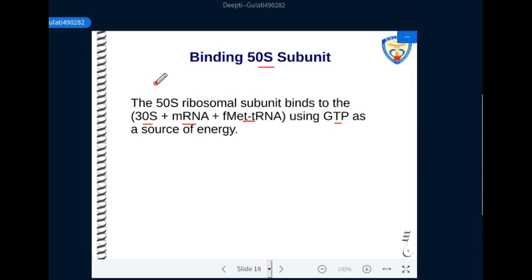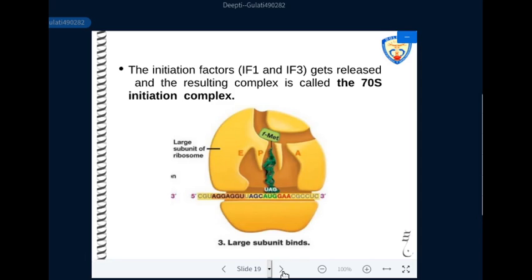The 50S ribosomal subunit attaches to the 30S mRNA and the fMet-tRNA complex. Now, as the 50S subunit attaches, what is released are the initiation factors, that are initiation factor 1 and initiation factor 3. So these initiation factors are released.